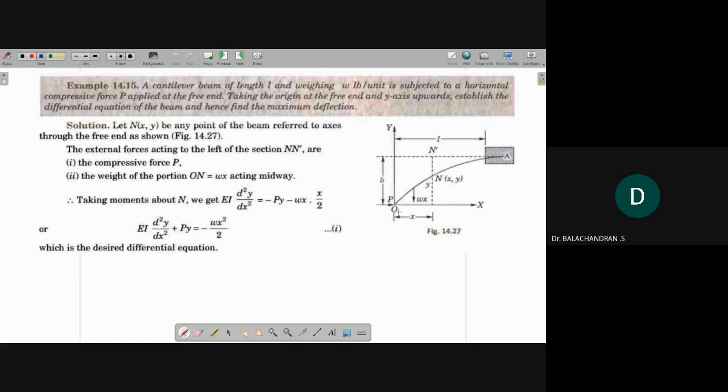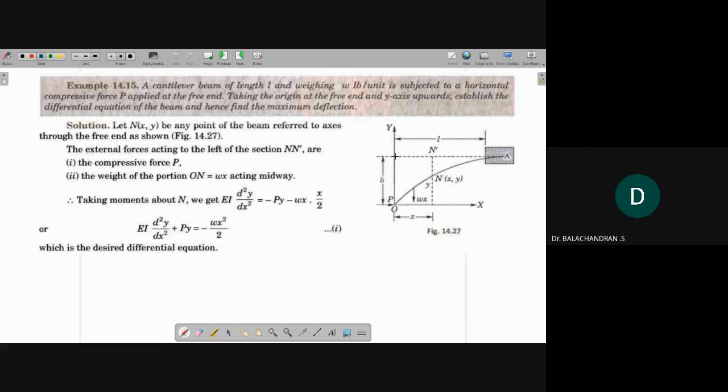Taking the origin at the free end, and the y-axis is upwards. Establish the differential equation of the beam and hence find the maximum deflection.